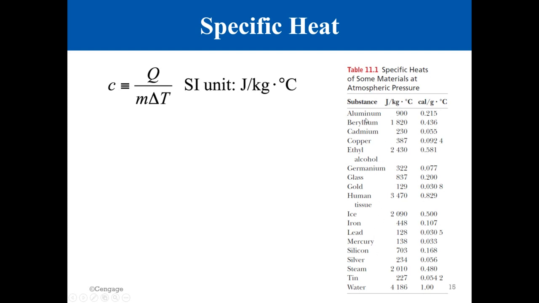In this table, we have a list of the specific heat for some common materials. You can see here that for metals in general, like aluminum, it's 900. For metals, it is smaller than for water. Water has the highest specific heat in this list.